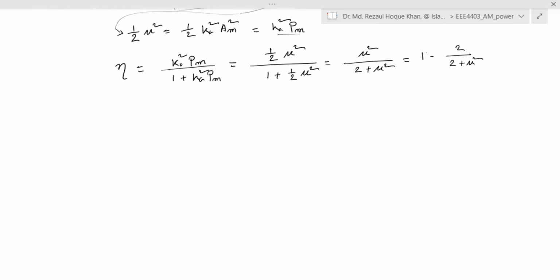So we find the efficiency of amplitude modulation is mu squared over 2 plus mu squared.